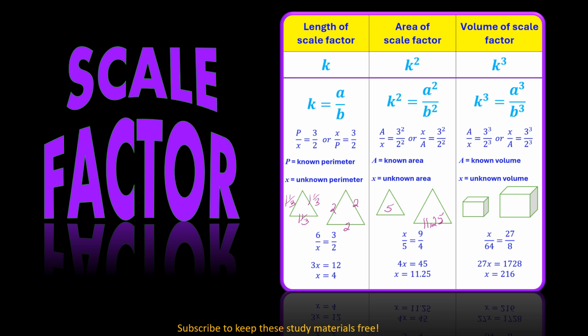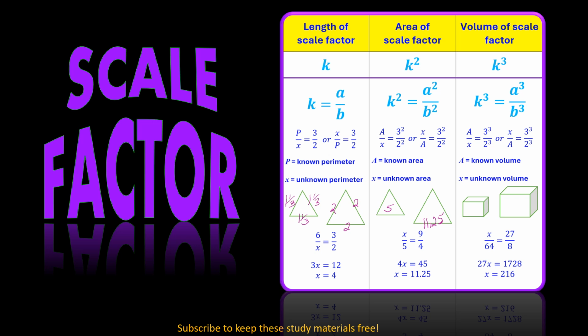Now if you're looking at volume, I'm sure you figured out it's cubic. A volume is 3 things multiplied together: base times length, or you could say length times width times height. That's why we have a rectangular prism, and you have 3 edges that you multiply together.